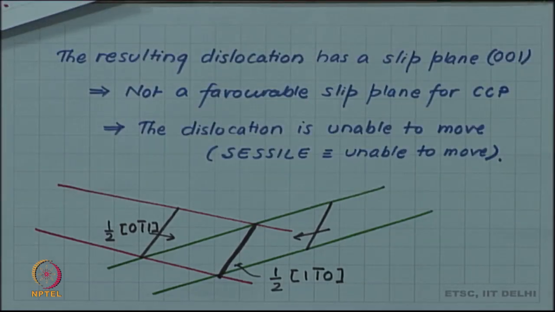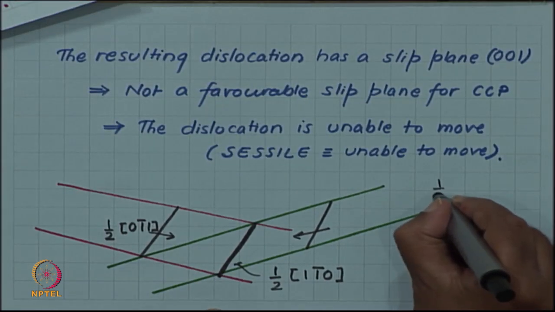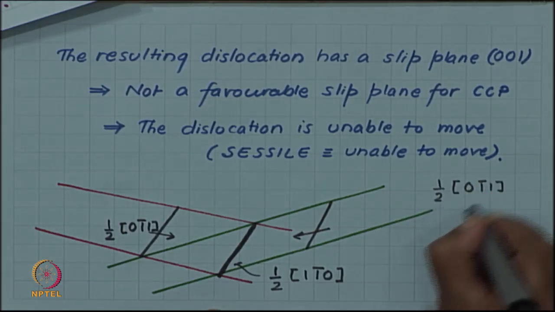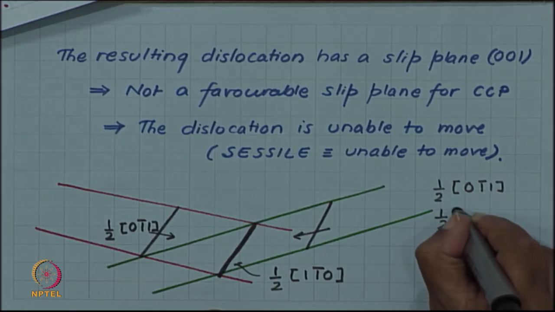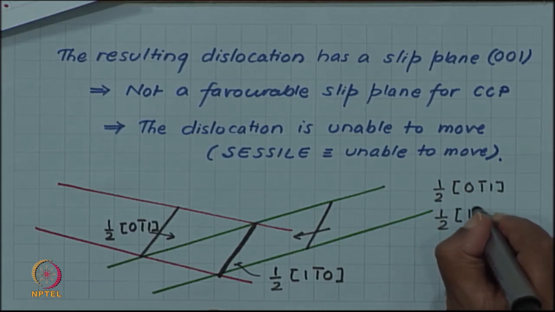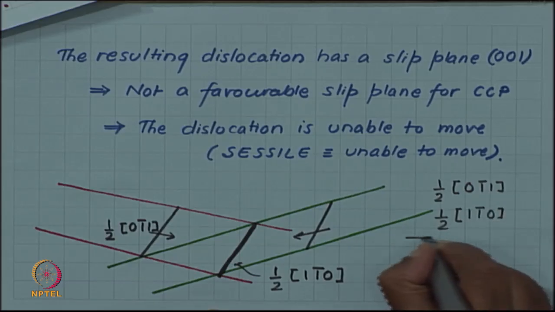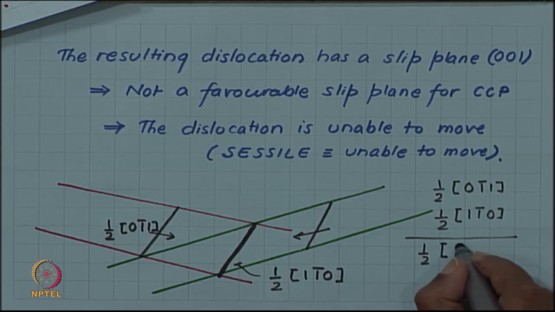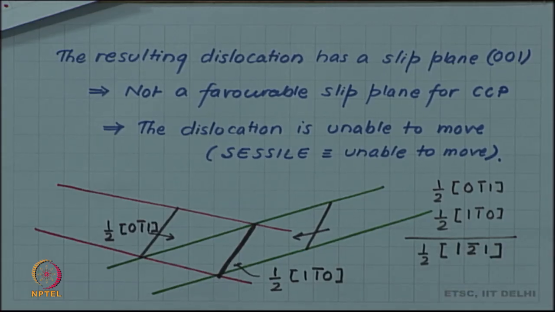If we combine these two, if we add these two, 0 bar 1 1 and 1 bar 1 0, we get half 1 2 bar 1. Now, this is a much longer Burgers vector.